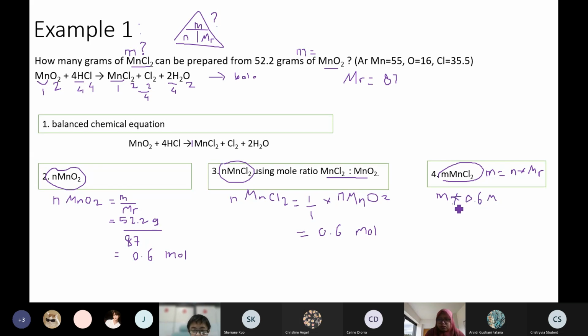It equals 0.6 mole times the Mr. What is the Mr of MnCl2? Mr of MnCl2 is 55 plus 35.5 times 2.